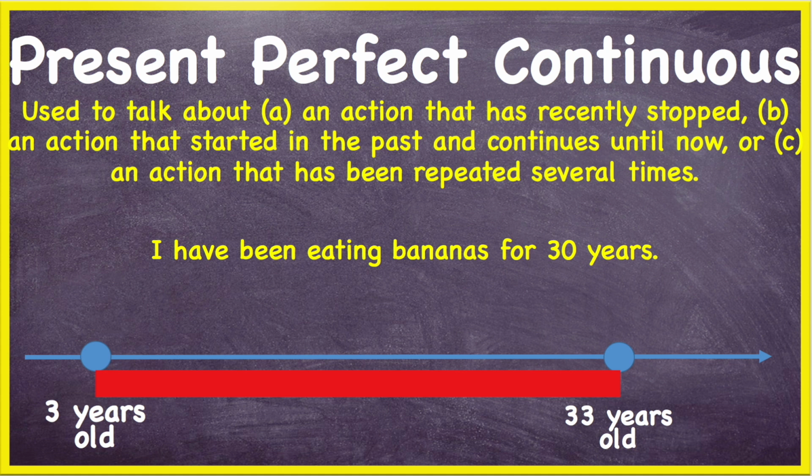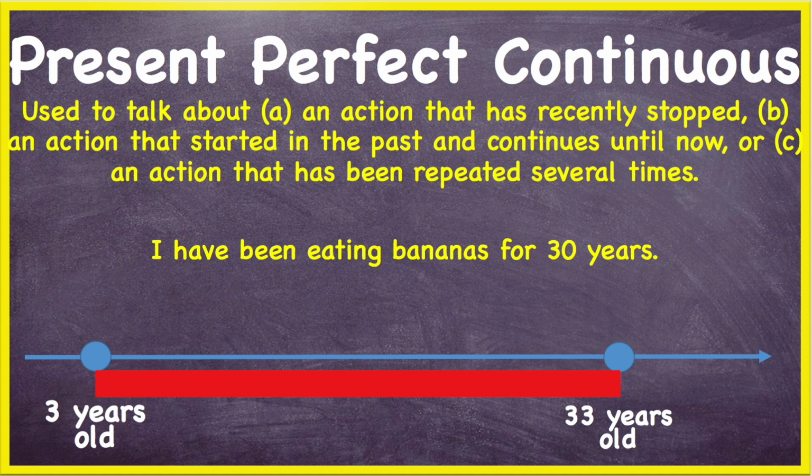So you can interpret that to mean that this has happened many times in the last 30 years, that I have been eating bananas for 30 years, that means that several times I've eaten bananas in this period of time, right? And it could also be, let's say that the answer or the time was only 10 minutes.